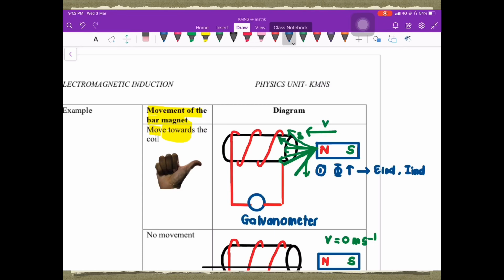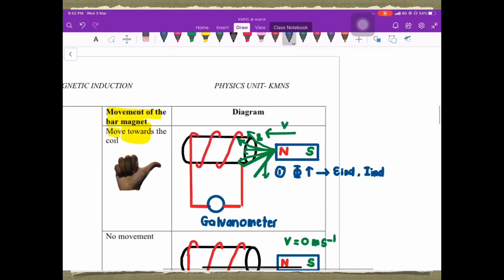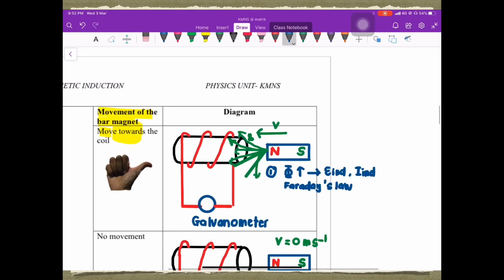Next, this is referred to as Faraday's law. When the magnetic flux increases, the induced EMF is proportional to the rate of change of magnetic flux.